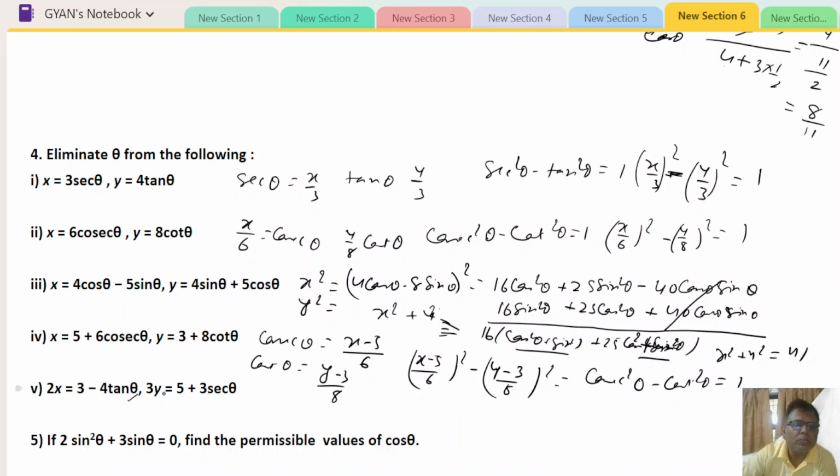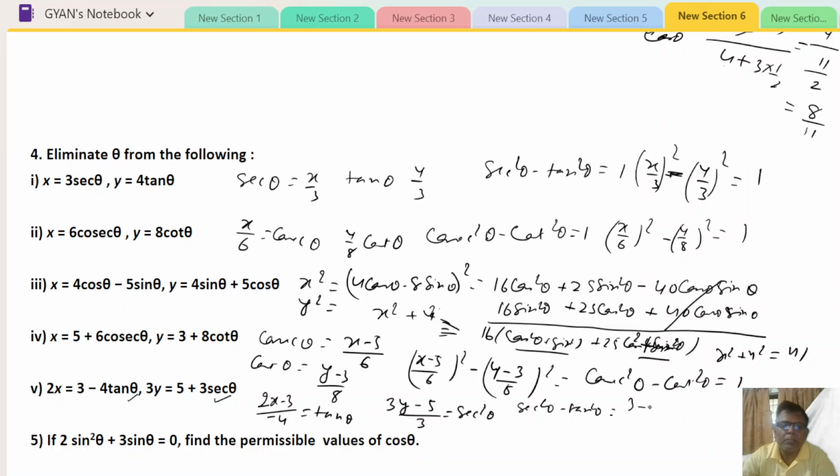Now here also you do the same thing, sec square theta minus tan square theta. So here 3 minus 2x divided by 4 is equal to tan theta, and minus 5 divided by 3 is equal to sec theta. Then sec square theta minus tan square theta is equal to 1, so 3 minus 2x by 4 the whole square.